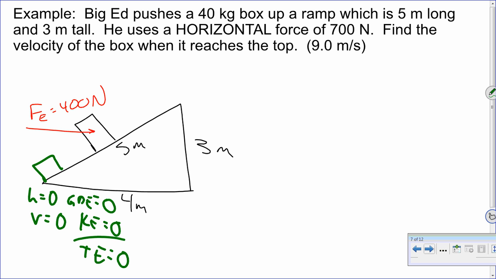Okay. Now, up at the top of the ramp, the height is 3 meters, so I can certainly find the GPE. So that would be 3 times 9.8. It gives you 117.6, or no decimal.